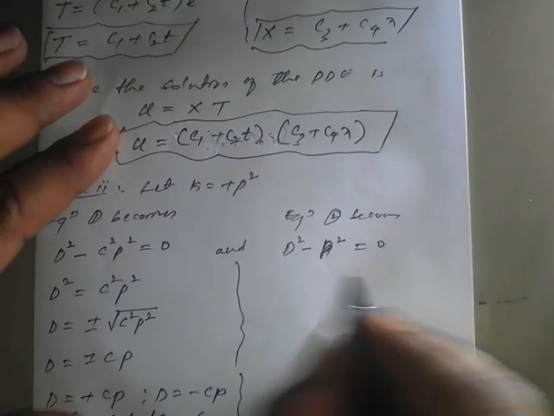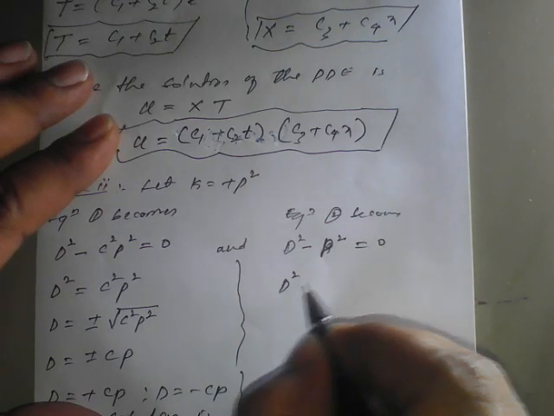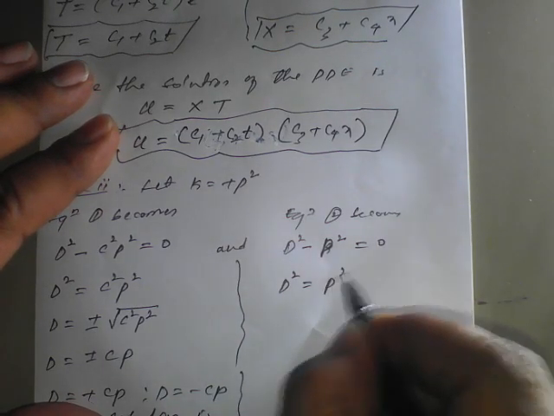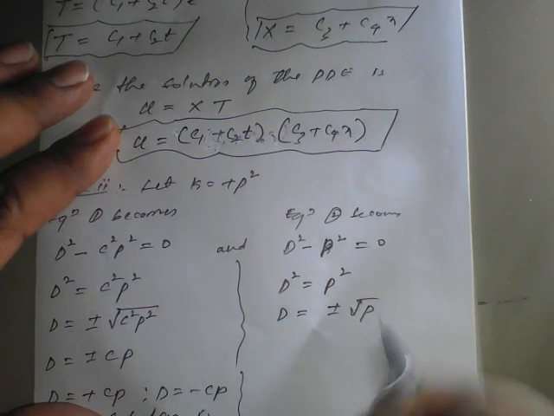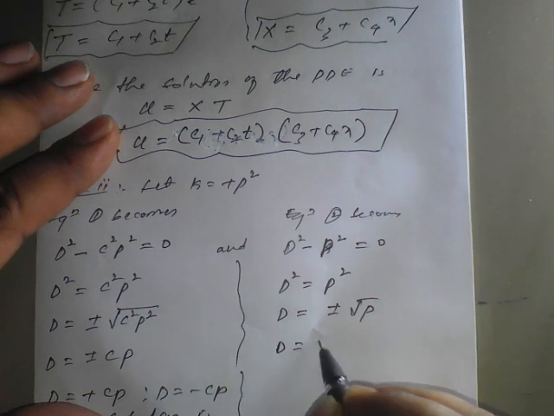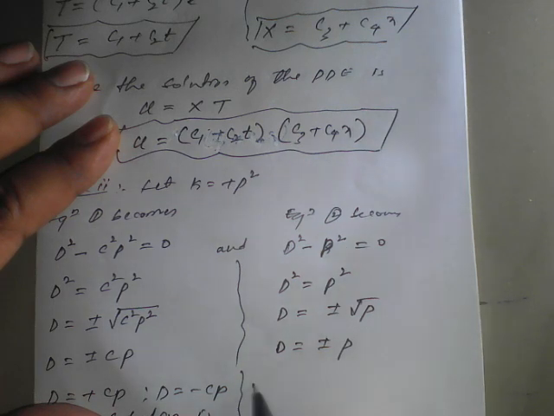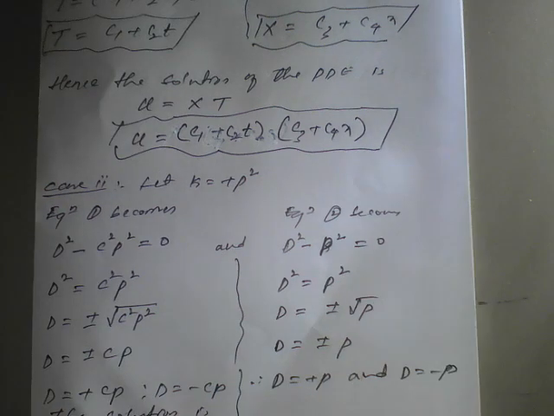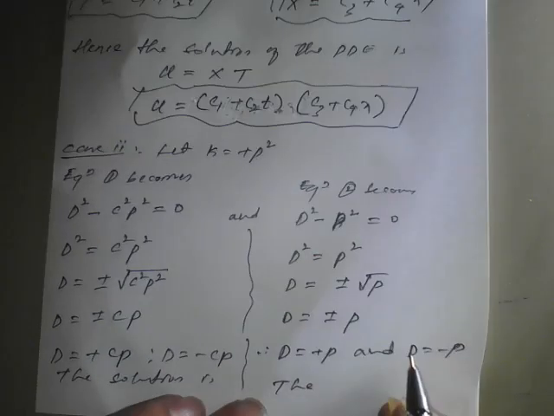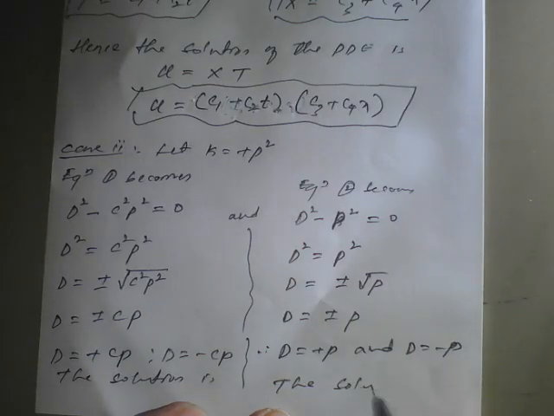Next, one more we need to simplify. So here d square is equal to plus p square, or d is equal to plus or minus square root of p square, that is d is equal to plus or minus p. So therefore d is equal to plus p and d is equal to minus p. So we got this. The solution is, because this is in terms of x, the solution will be in terms of x only here.